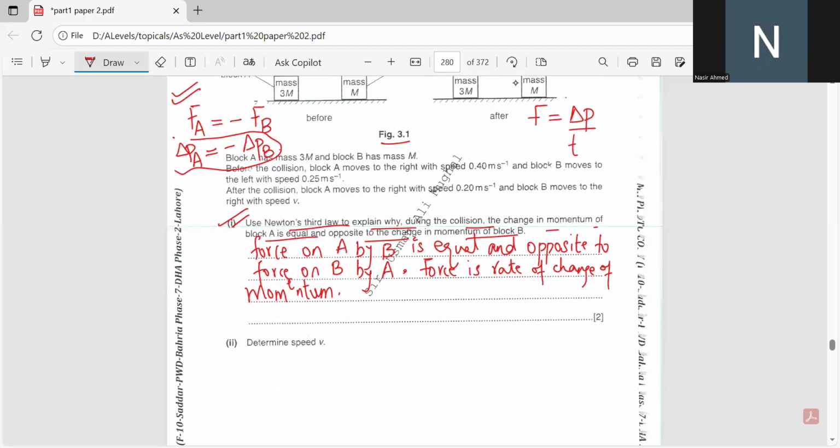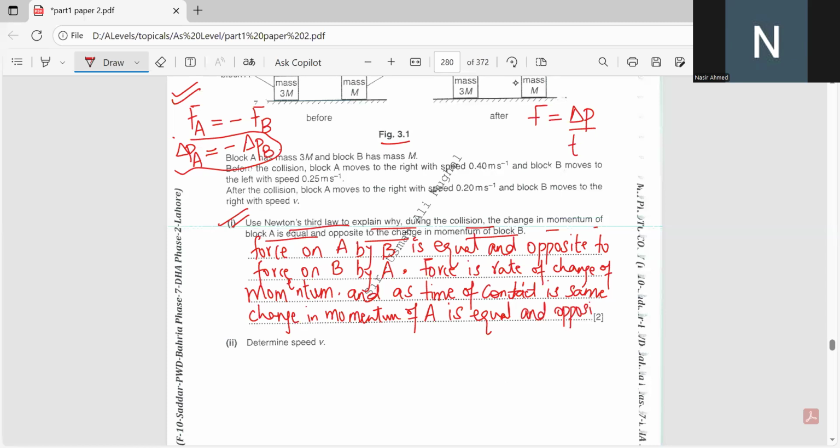Force is equal to what? Force is equal to rate of change of momentum, and as the time of contact is the same, what will happen? That the change in momentum of A is equal and opposite to that of B. So this is how you will state it for 2 marks.